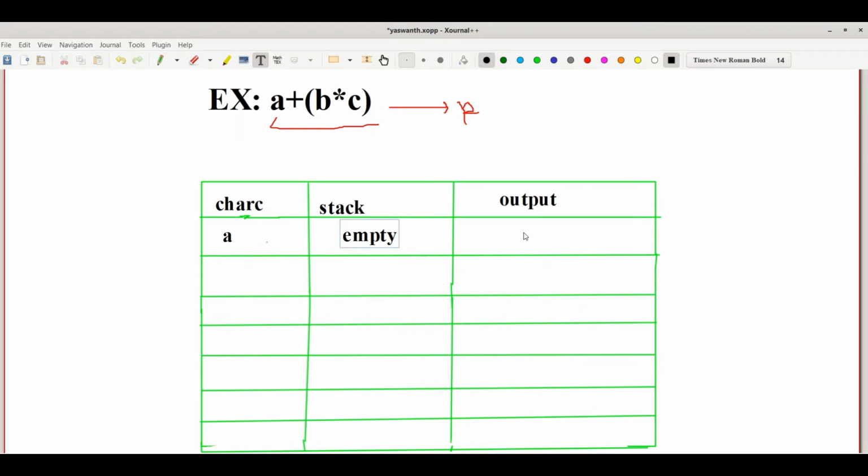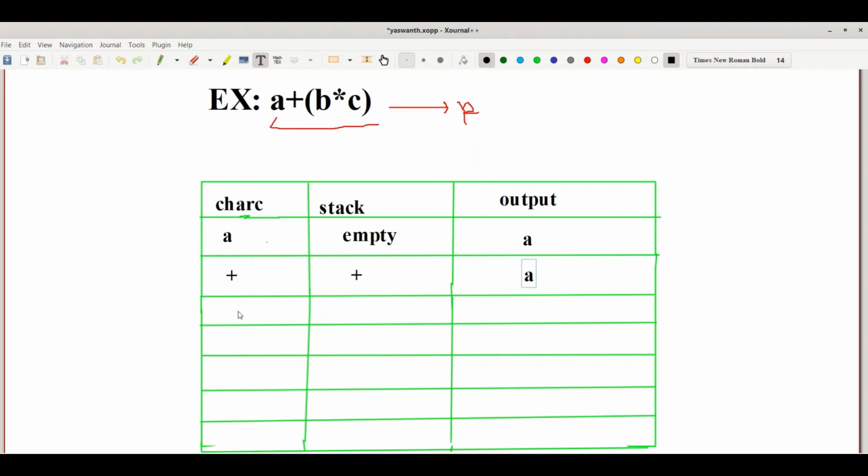What is the output? As we said, if an operand comes, it goes directly to the output. The second character is the plus symbol. The plus symbol will accumulate in the stack because it is an operator. And the output is A, same as before.